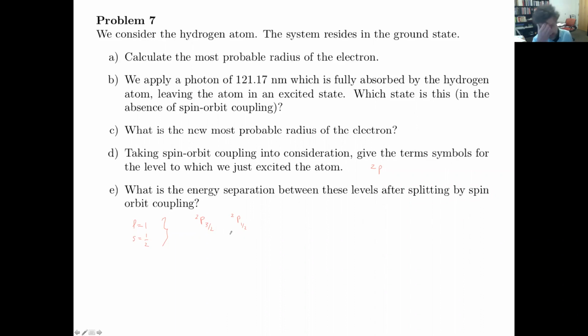All right, question E then. What is the energy separation between these levels after splitting by spin-orbit coupling? Okay, so what is basically the energy difference between these two states? Now, in order to figure that out, we need an expression, and that expression is from the table.